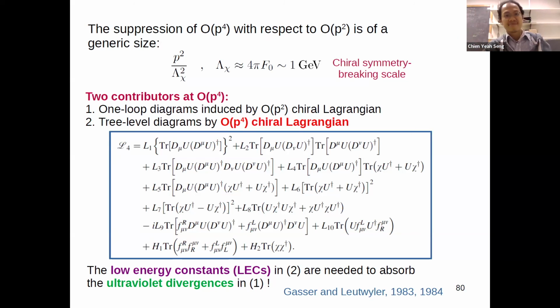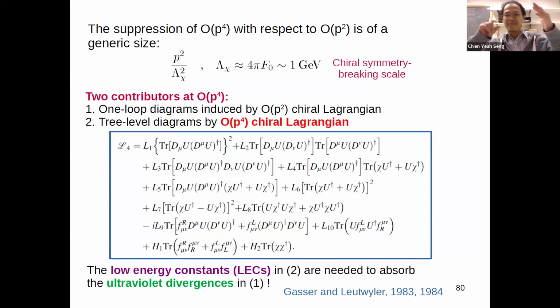As you can see, if you increase the power of P squared, you get more and more terms in the tree level Chiral Lagrangian. In fact, at O(P^4), you already get so many of them: 10 L's and 2 H's, so you have 12 of them. When you go to O(P^6), the tree level Lagrangian for 2 flavors will give you something like 50 parameters.